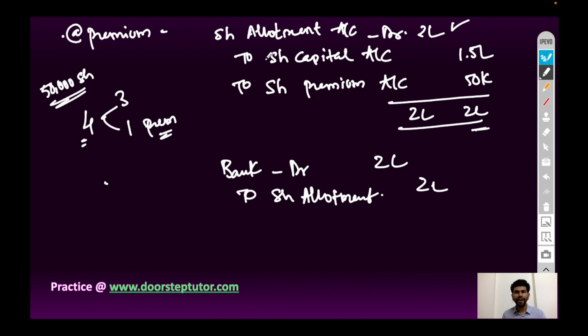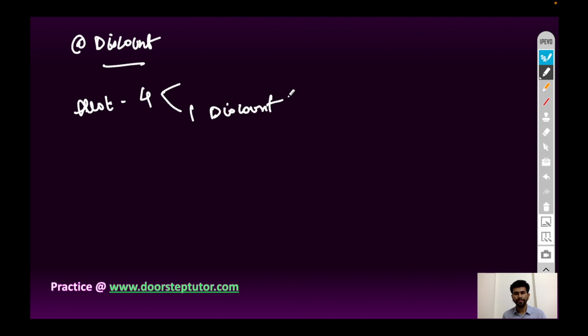And if shares are issued at discount, then entry will be different. If shares are issued at discount, then journal entry will be, for example, allotment money is 4 rupees, but 1 rupee is discount and only 3 rupees is collected.